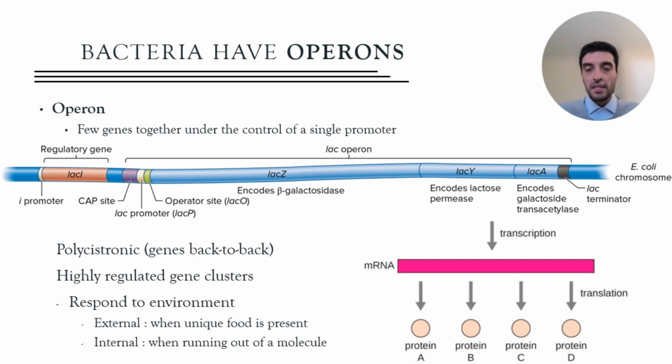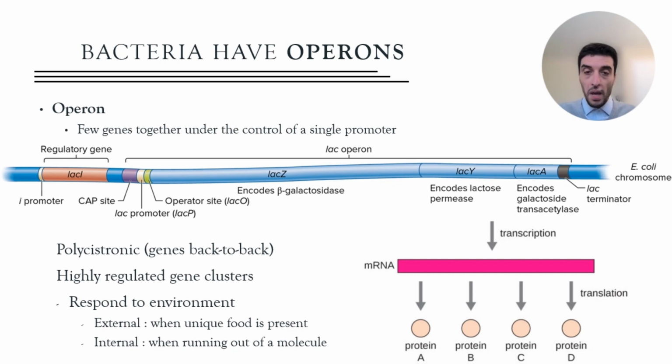And to understand why this happens, we have to understand that bacteria have what are called operons. So an operon is a group of genes that are all packed together into a package, and they use these operons to produce a bunch of proteins that are going to be important to a specific thing.